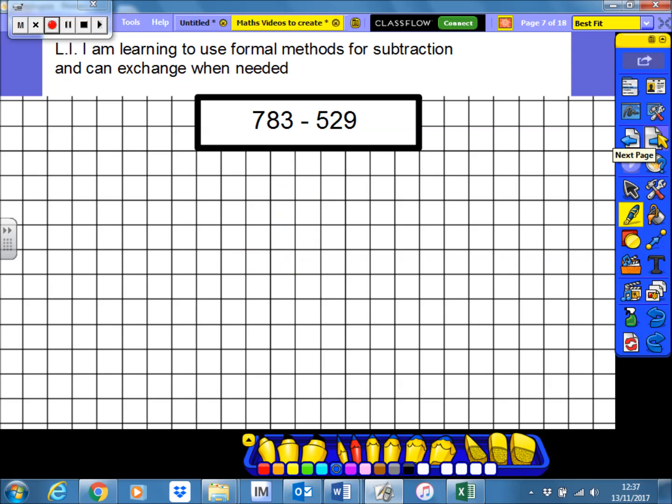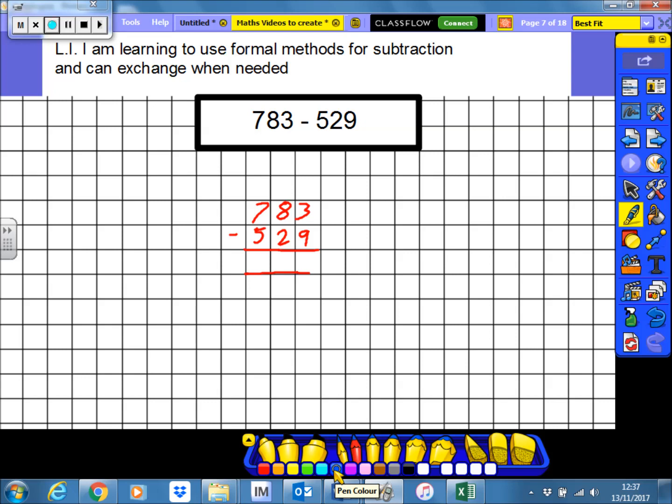However, let's look at a sum that maybe does involve a little bit of exchanging. So, again, being very careful to line up the columns, 783 take away 529. Now, this is where a lot of people get tripped up.